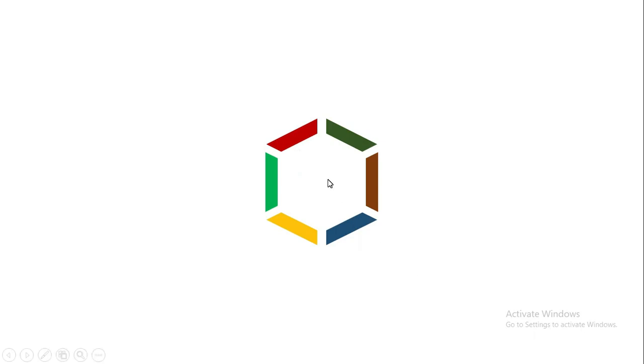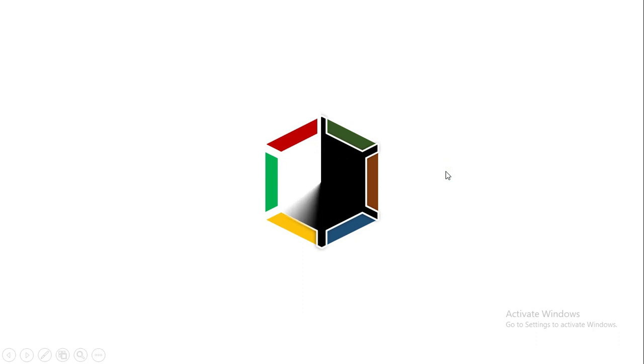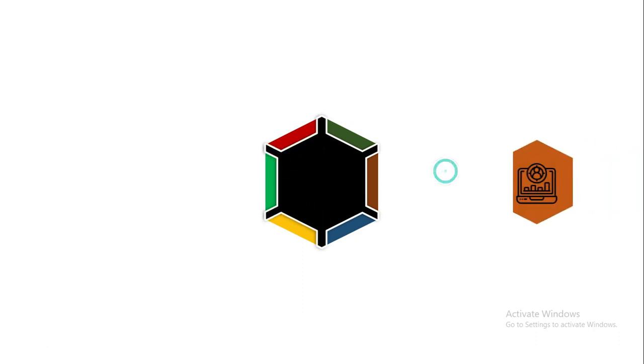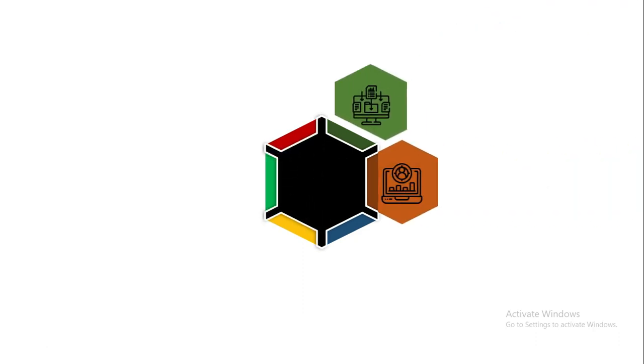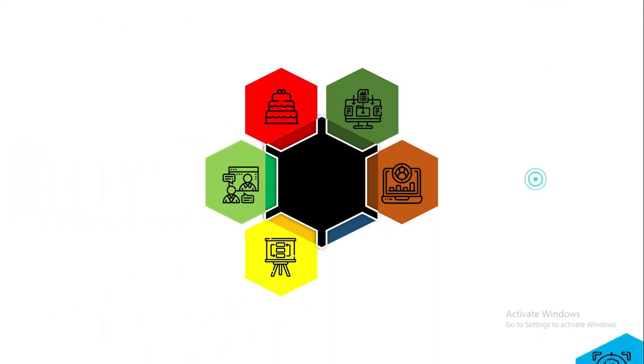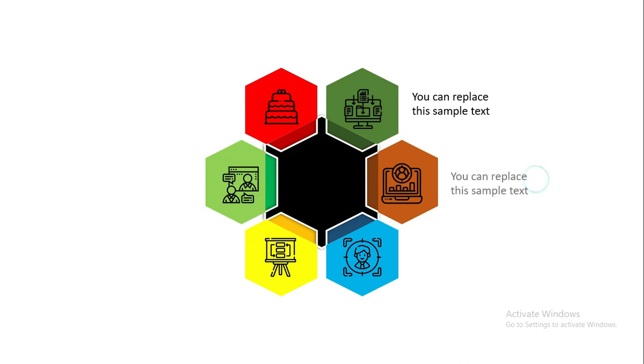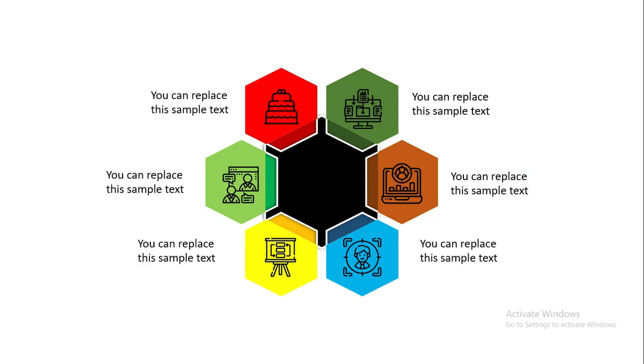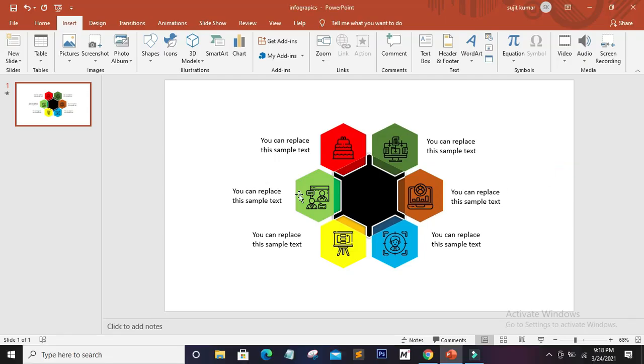As you can see, this is a 6-step presentation, and if I click, you can see that beautiful animation coming around. So this is the 6-step animation along with the infographics, and you can see there is an explanation for each and every step. So let us understand how we can do that.